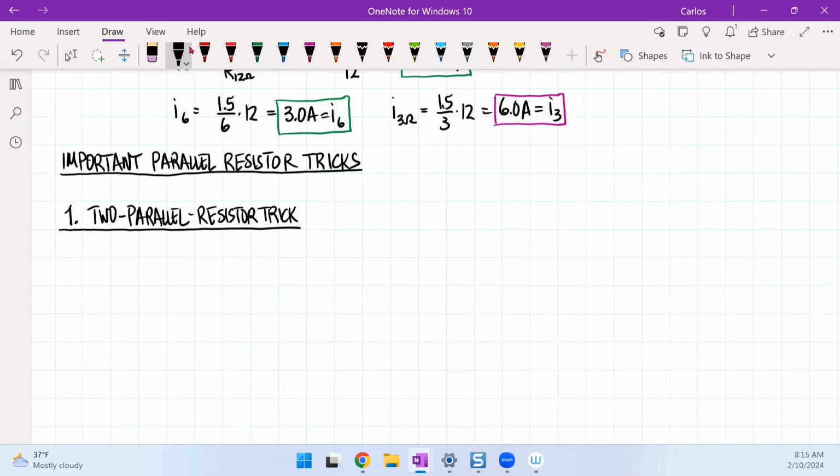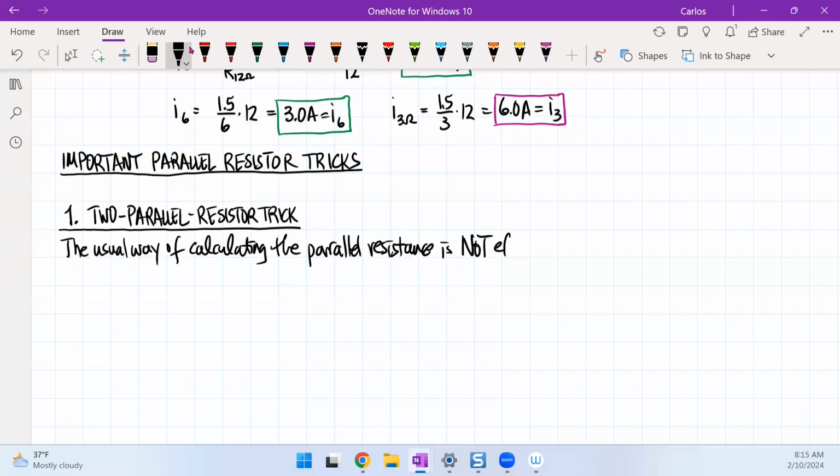So we know how we have defined parallel resistance. The usual way of calculating the parallel resistance is not efficient.